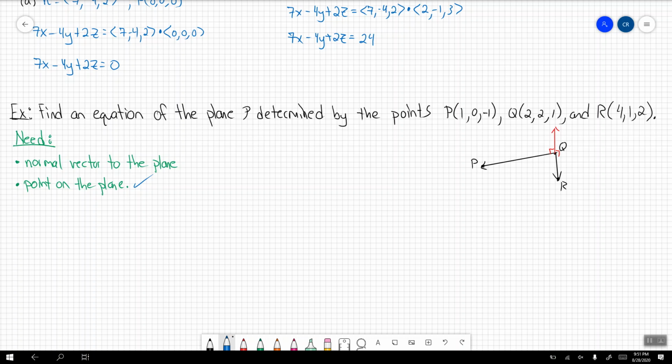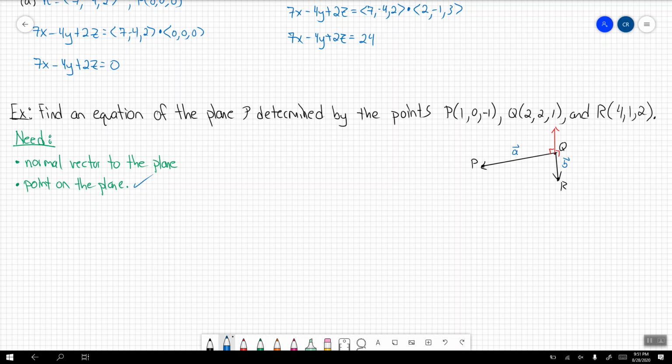Since in the drawing on screen I have my vertex at point Q, I want to stick with that whole process. So I am going to say vector QP, I am going to call this vector A. Vector QR, I'm going to call this vector B. Okay, so here we go.